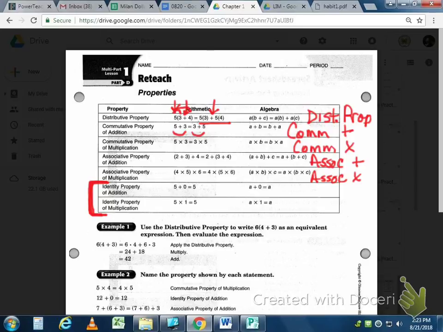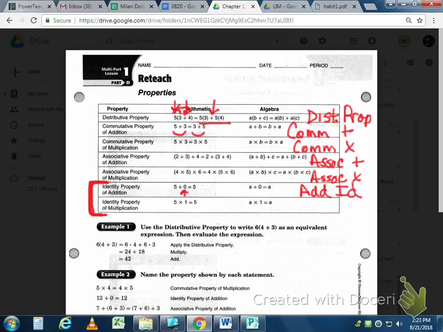If you add 0 to anything, does it change its value? No. So 0 itself is called the additive identity. So anytime you have something being added to 0, you really know that it didn't change its value. So that you're going to write as add ID. Adding a 0 doesn't change the identity of the number.